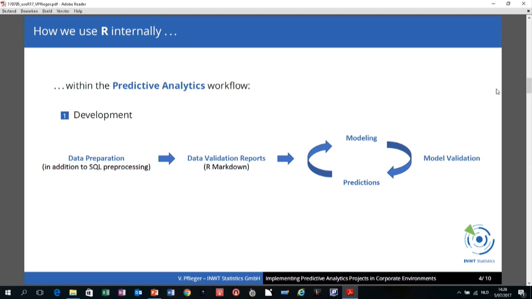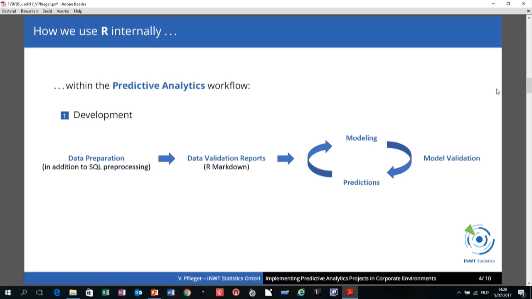When we specify our models, we have a loop: we have a model, we check it, test it, and if we don't like it, we redo the whole process. So that's how we use R internally.